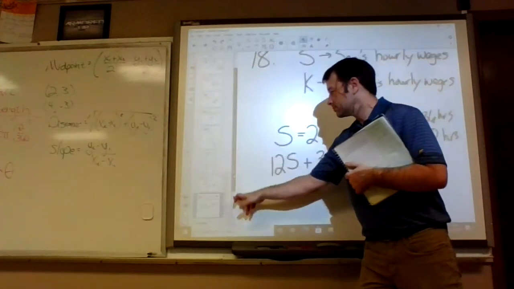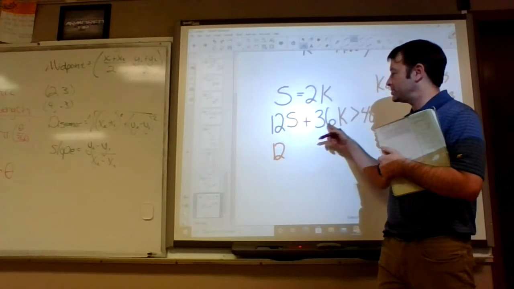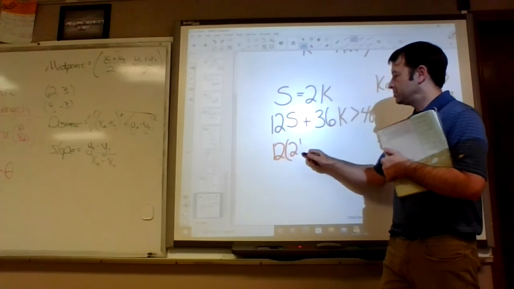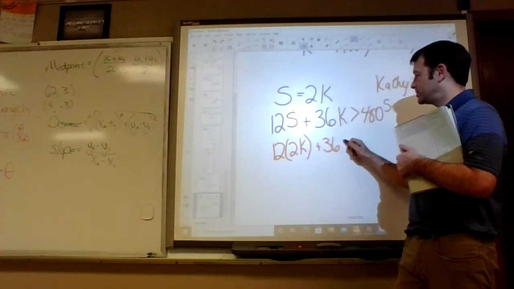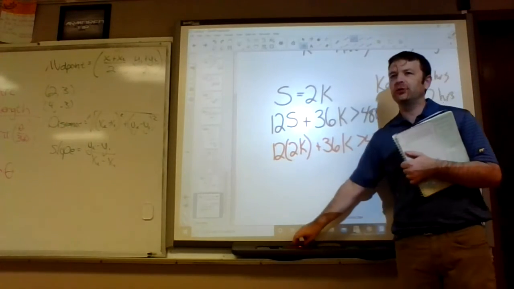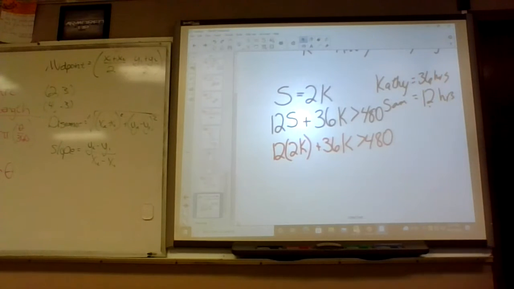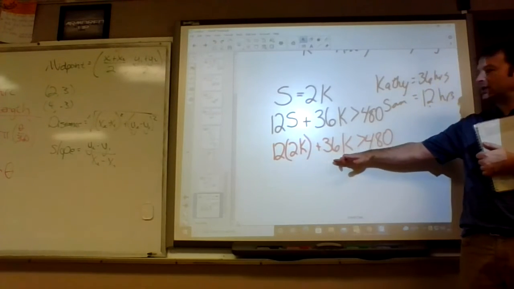So I'm going to rewrite this inequality with 12 times 2K plus 36K. You guys remember what that's called when you replace something? Substitution. Okay, now I have a one variable inequality that I can solve.